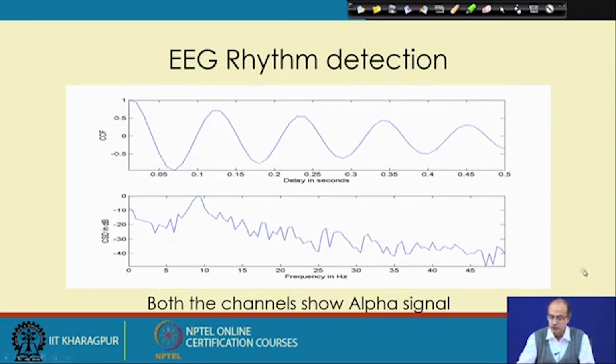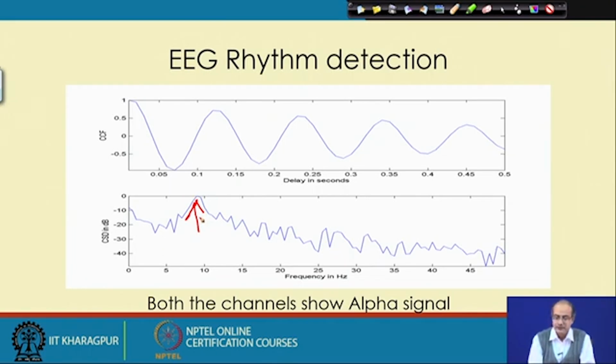To do that, we can take the cross correlation coefficient, and the cross correlation again gives a peak, just above 0.1 second. In the cross PSD we get a peak somewhere here, near 9 hertz.